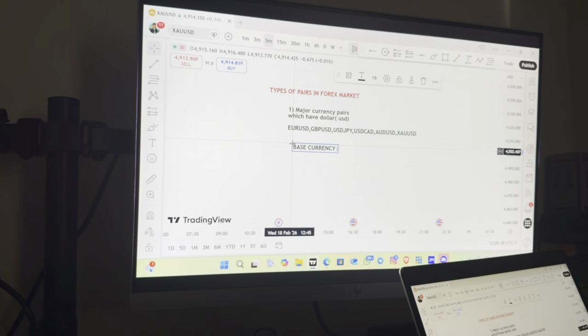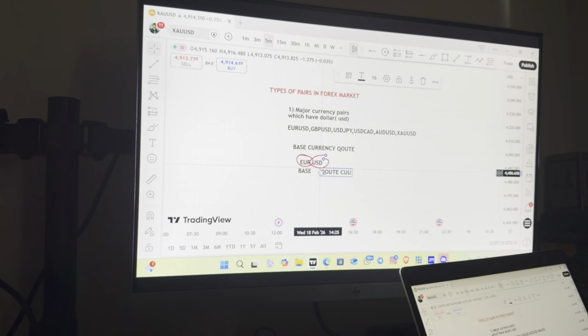Before we go to number two, there's something called base currency and quote currency. For example, Euro USD. The first one we call the base currency, and the second one, USD, we call the quote currency.